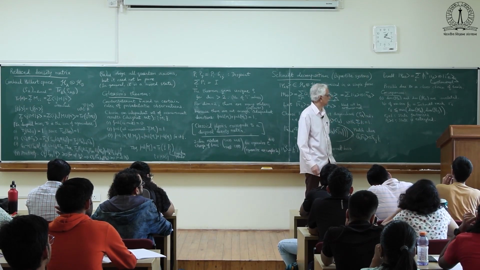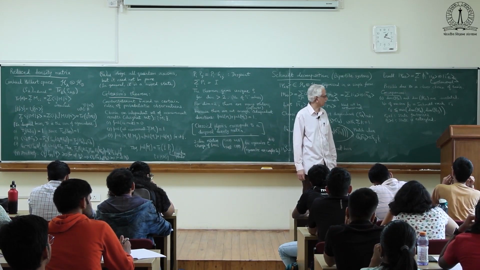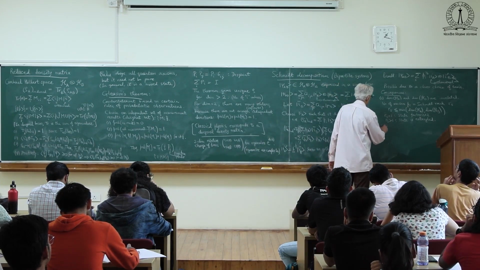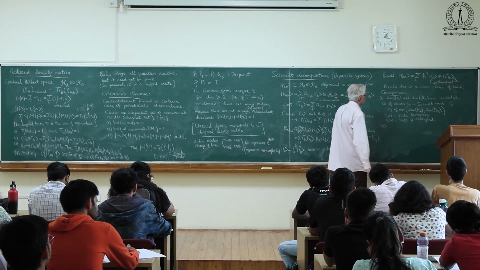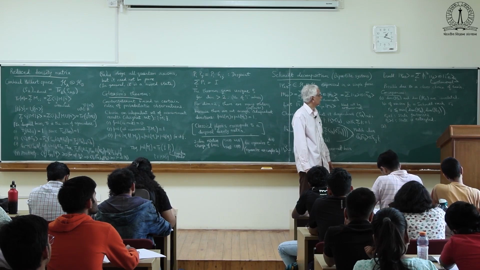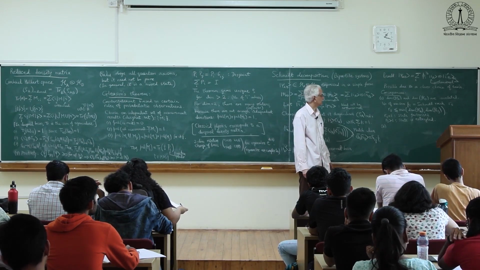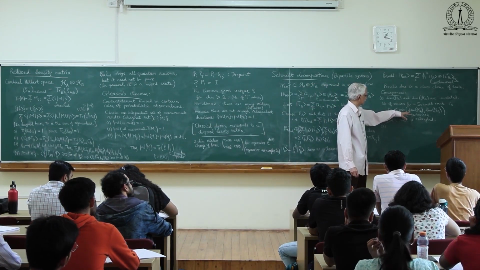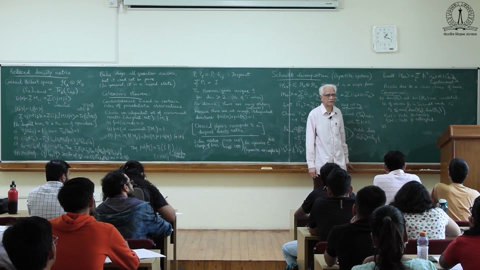But this is the first statement. Similar thing, you can say how many components are entangled. The number of components which can be entangled is smaller than the dimensionality of either of the spaces.